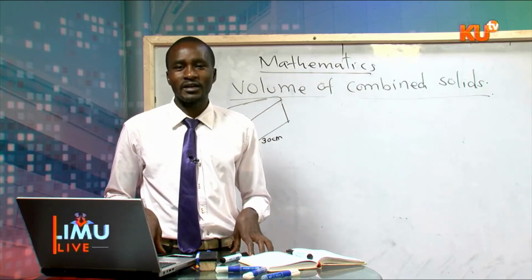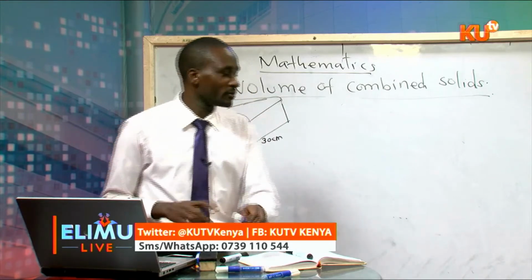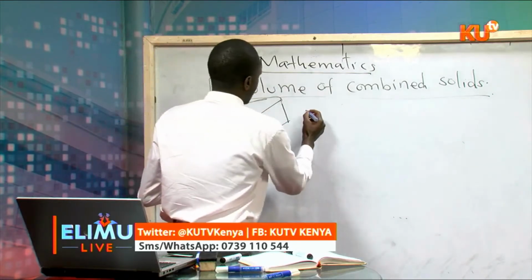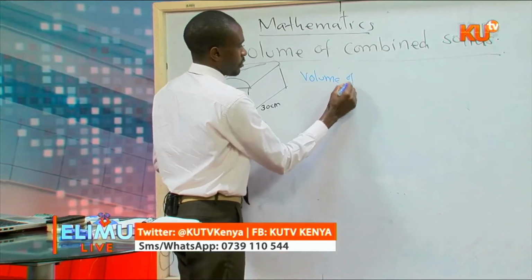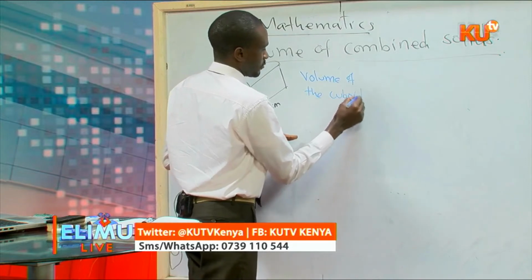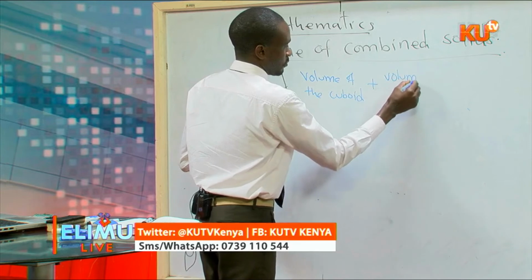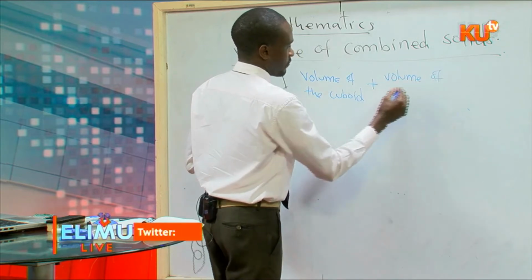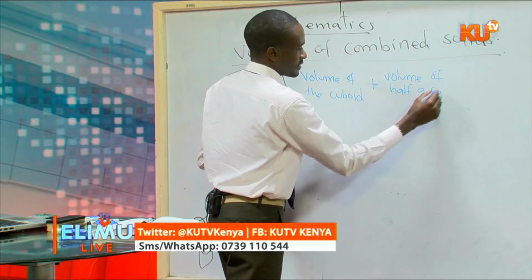Now half a cylinder is half pi r squared h. Now the volume of the cuboid plus the volume of half a cylinder.